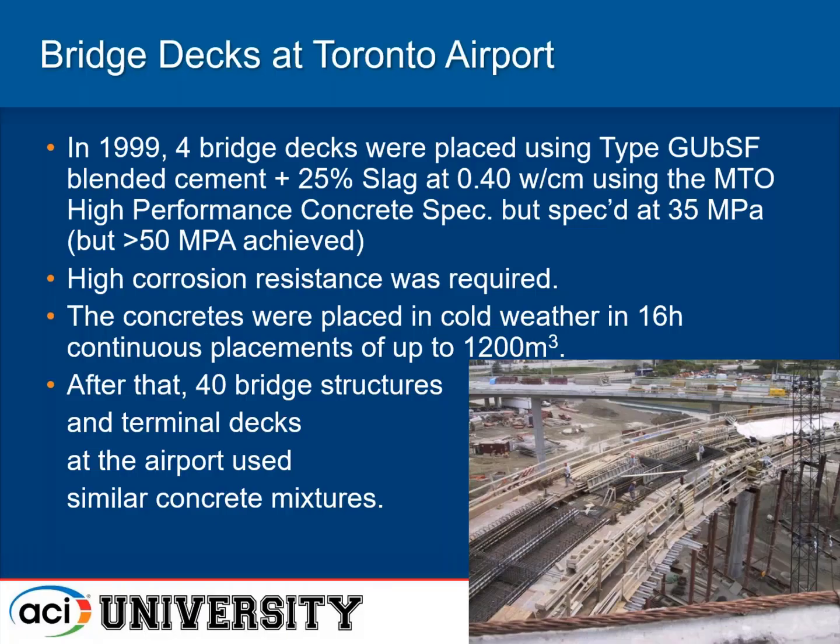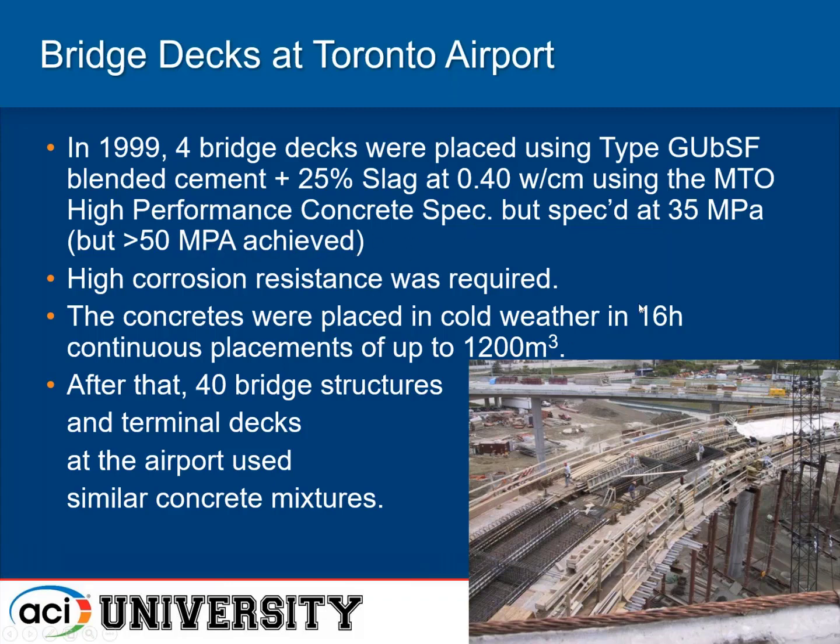Again, just another local Toronto example. Of course, like every airport in the world, they're always under construction. The Toronto one was rebuilt around 2000, and they initially tried 4 bridge decks using a blended silica fume cement with 25% slag for what they wanted for high performance bridges in terms of chloride resistance.